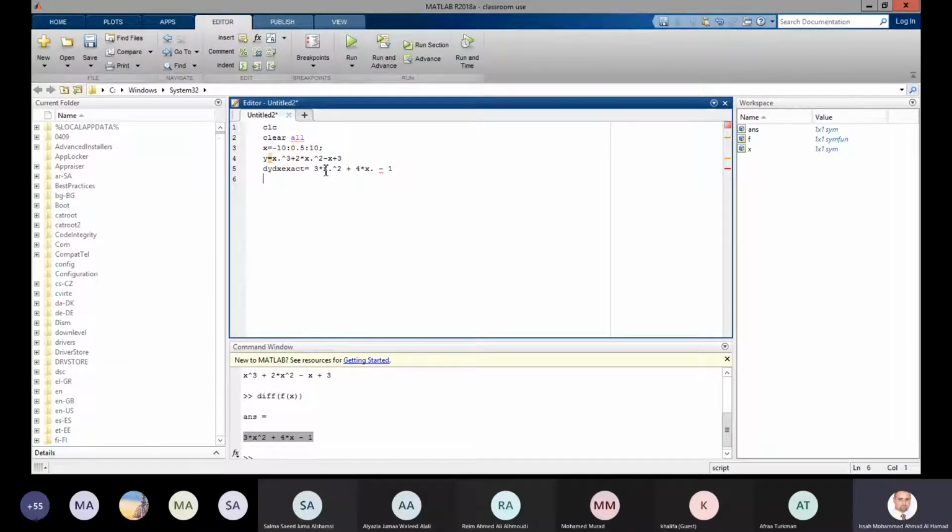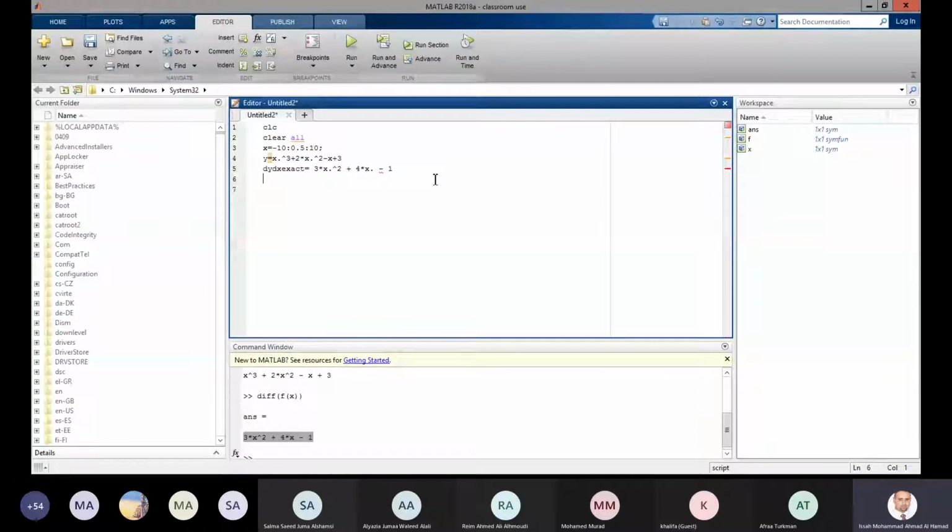So far we defined the value of x from minus 10 to 10 with an increment of half. We already found the exact derivative, so we put the exact derivative here, and this is the function x cubed plus 2x squared minus x plus 3.